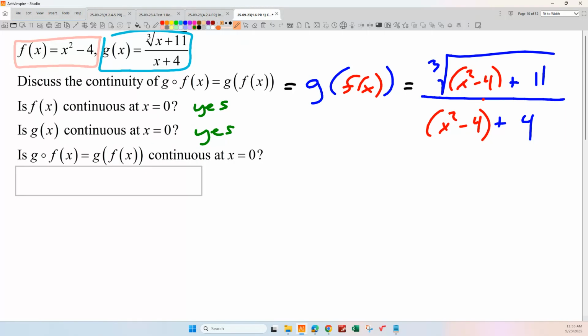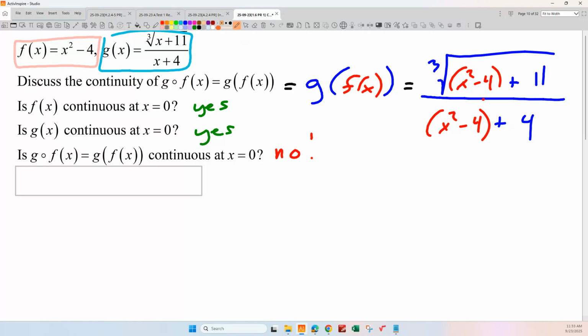Is g of f of x continuous at x equals 0? You see the moral of the story there? The answer is no. Why? That's an important lesson.